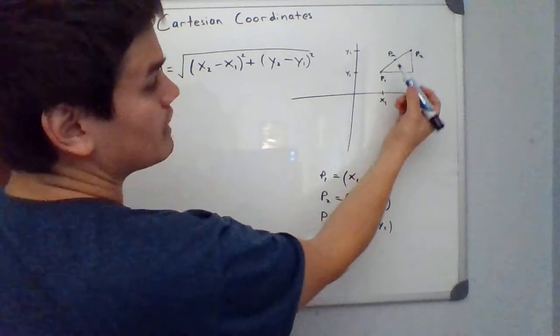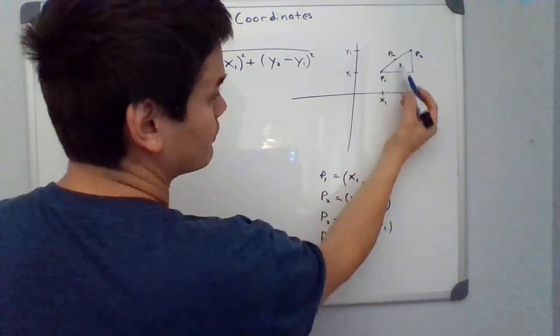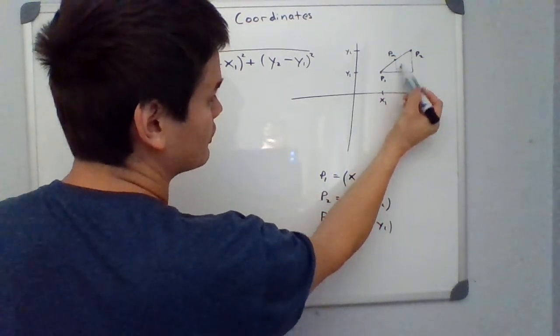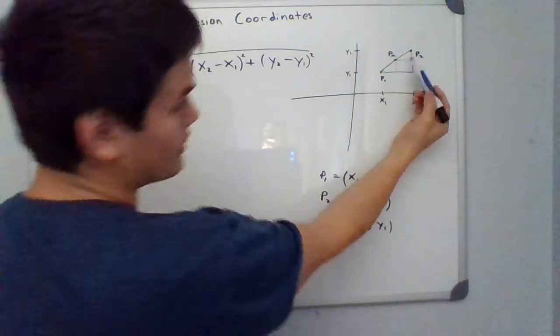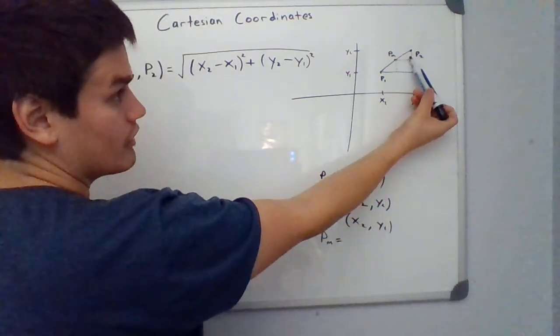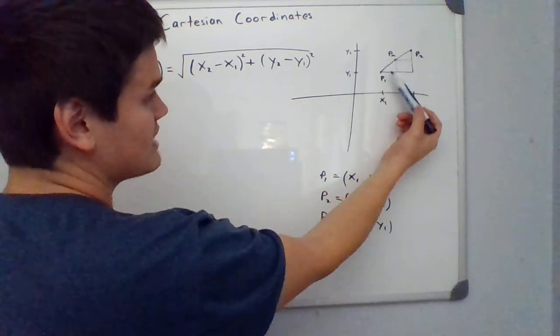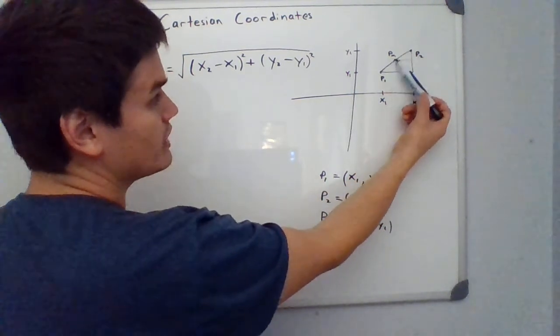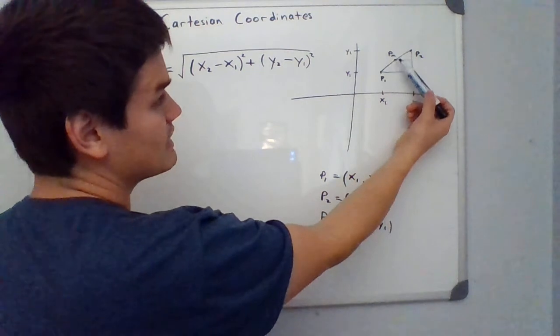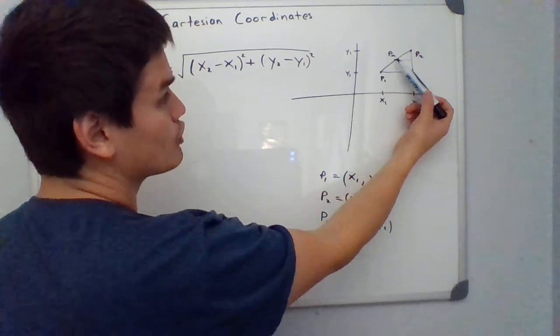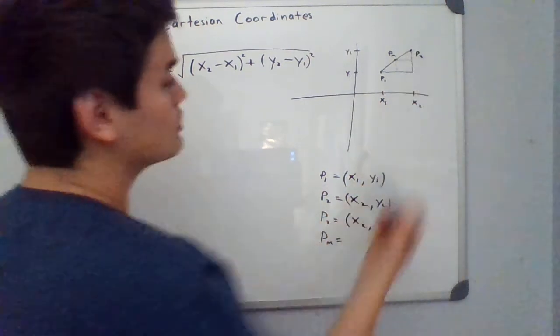Well, if we were going to prove it, we'd want to construct these little triangles here, and then we'd want to prove that this triangle on the top is congruent to this triangle, meaning each side is the same, so that P1 PM is congruent to PM P2, the line.